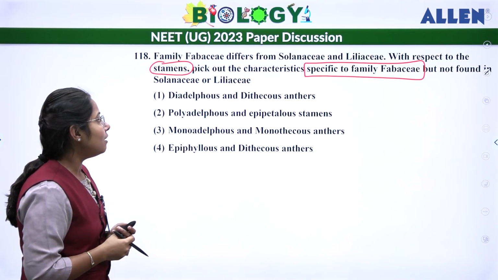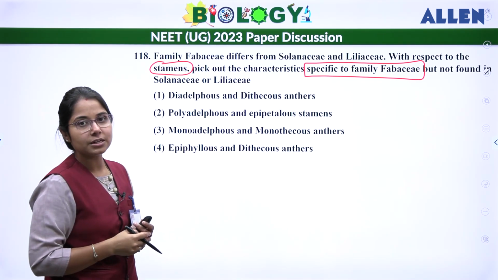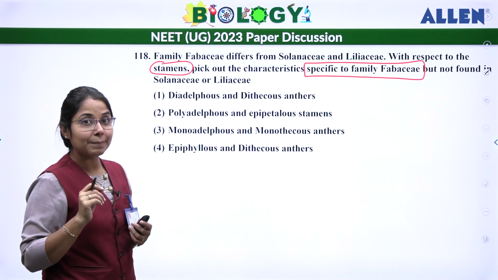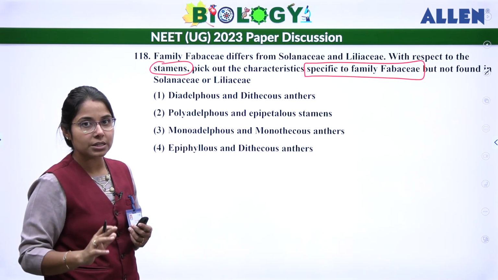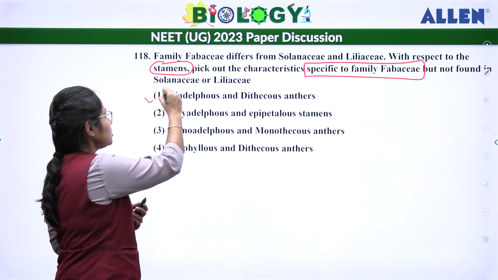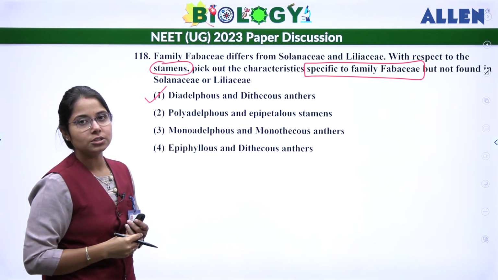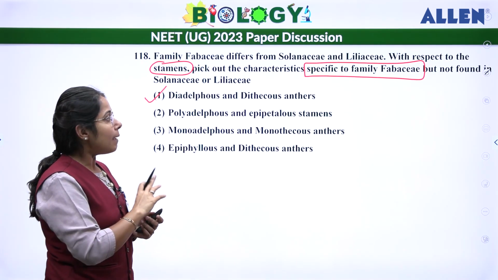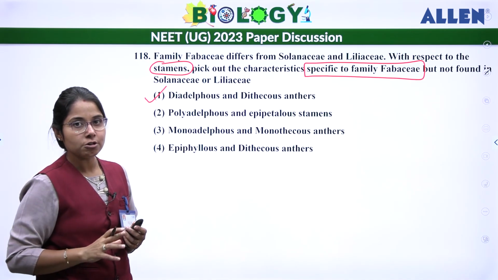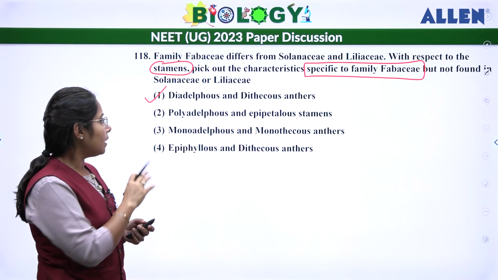So Diadelphous and Dithecous. Now Diadelphous condition is a characteristic feature of your Fabaceae family which is not there in your Liliaceae as well as Solanaceae. Okay. So this Polyadelphous condition is seen in case of your citrus plant, so it is not there in Fabaceae. Epipetalous condition is seen in case of your Solanaceae but not there in Fabaceae.